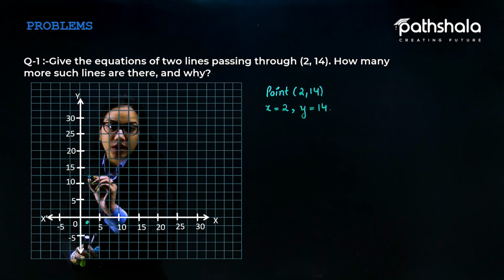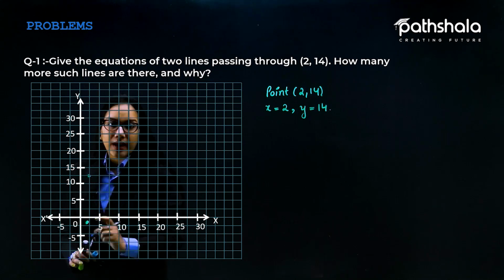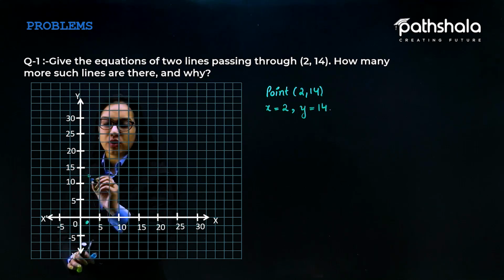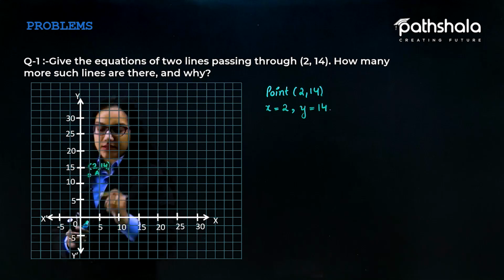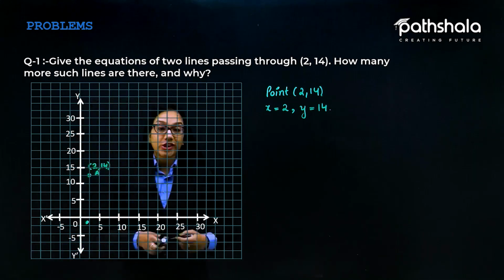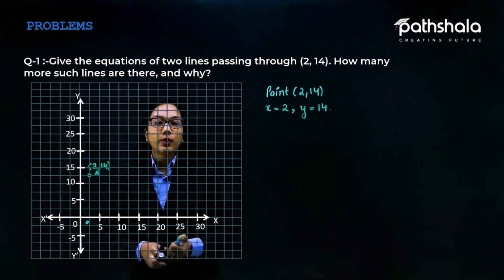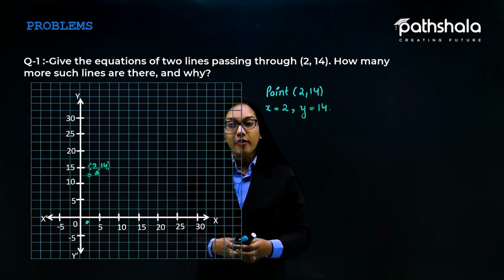So this point is nothing but (2, 14), because x is 2, y is 14. Let us suppose I'm writing it over here: this is the point representing (2, 14), and let us call this particular point A. So the question says, give the equations of two lines passing through (2, 14).